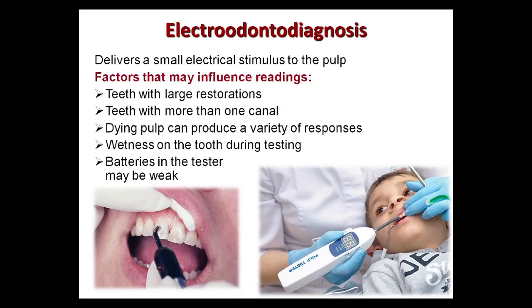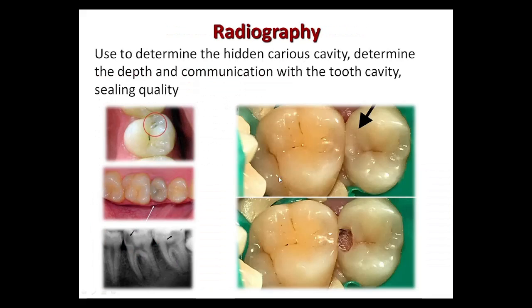Dying pulp can produce a variety of responses. Wetness on the tooth during testing, and weak batteries in the tester, may affect the indicators.